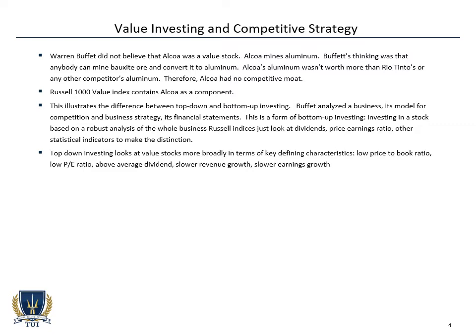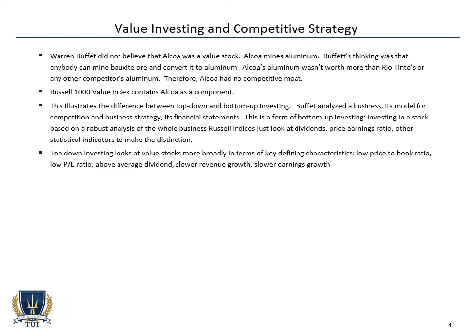Aluminum is a commodity. So Buffett's thinking was, well, Alcoa can't be a value stock because anybody can mine the ore that they use to make aluminum. It's called bauxite. They turn it into alumina, and then they turn that into aluminum. Alcoa's aluminum wasn't worth more than Rio Tinto's or any other competitor's. It was just aluminum. It's like we just make peanut butter here. It's not Jiffy peanut butter. It's just peanut butter, right? We just make the peanuts. So therefore, they don't have a competitive moat because they just make a commodity.